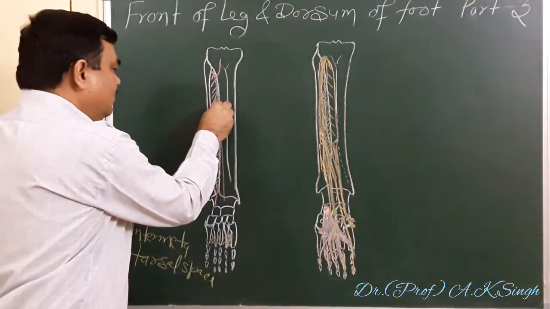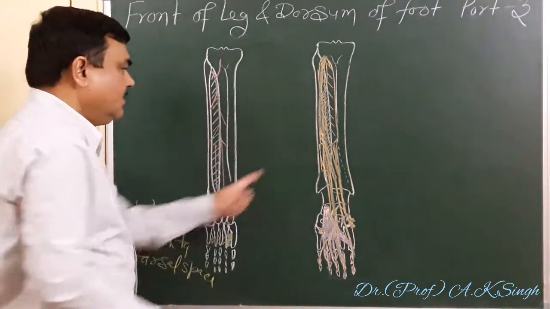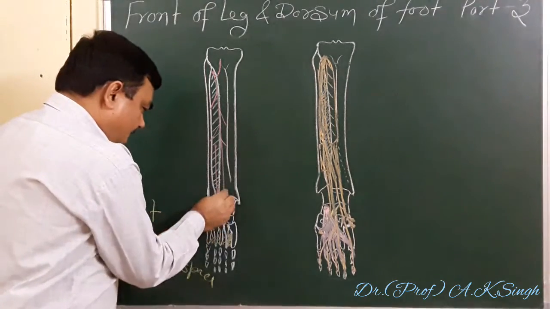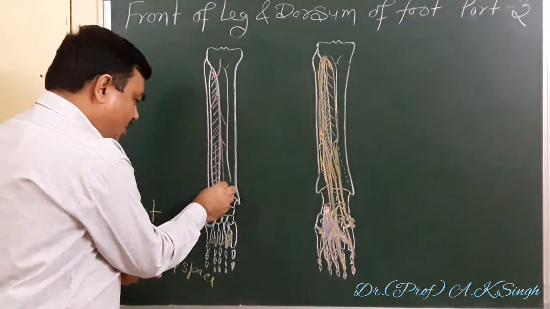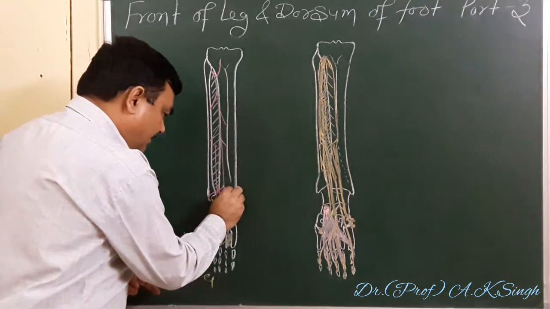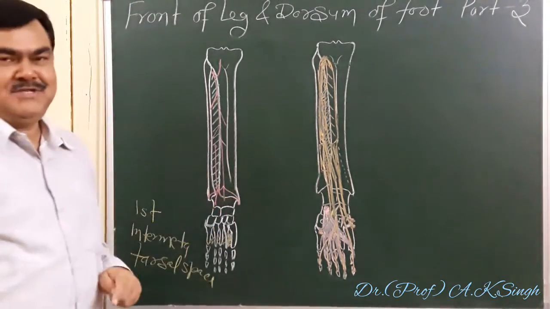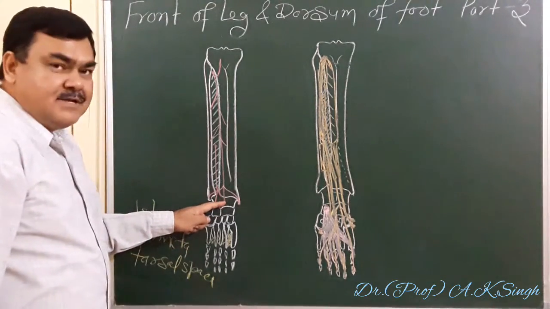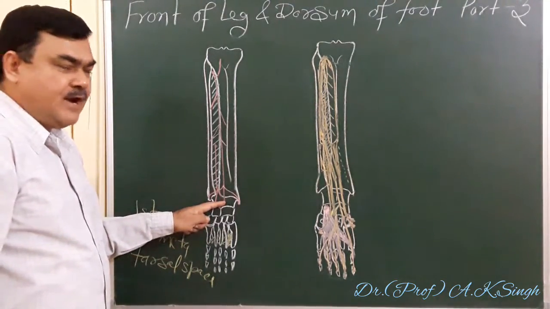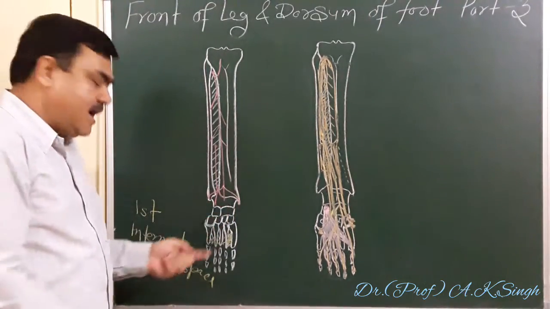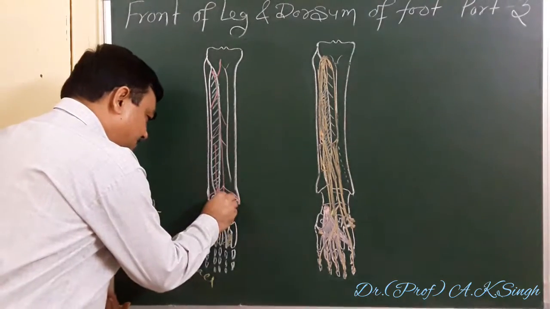Here it gives muscular branch for these muscles, and at the termination point it gives anterior lateral and anterior medial malleolar branch. Here it ends at the midpoint between two malleoli, and here it continues as dorsalis pedis artery.